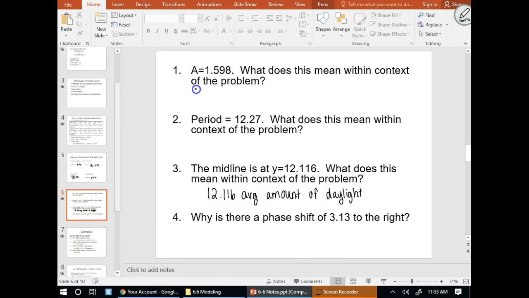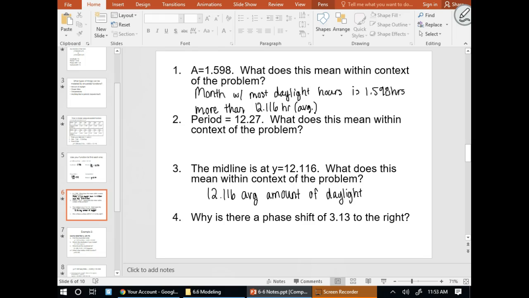So the month with the most daylight hours is 1.598 hours more than the average, which is 12.116 hours. That's one way you could say this.